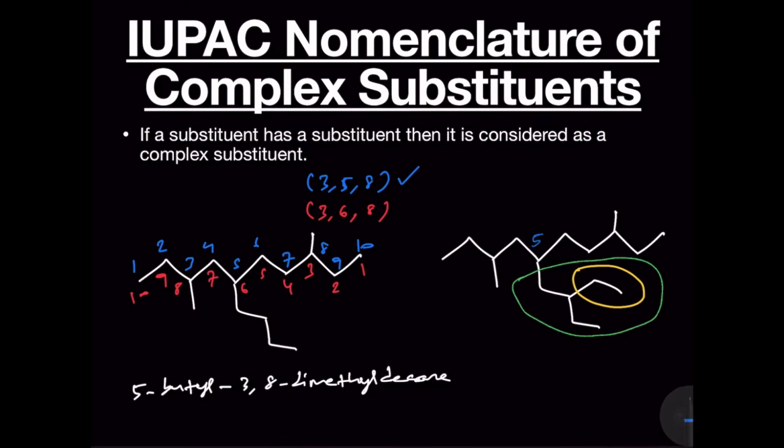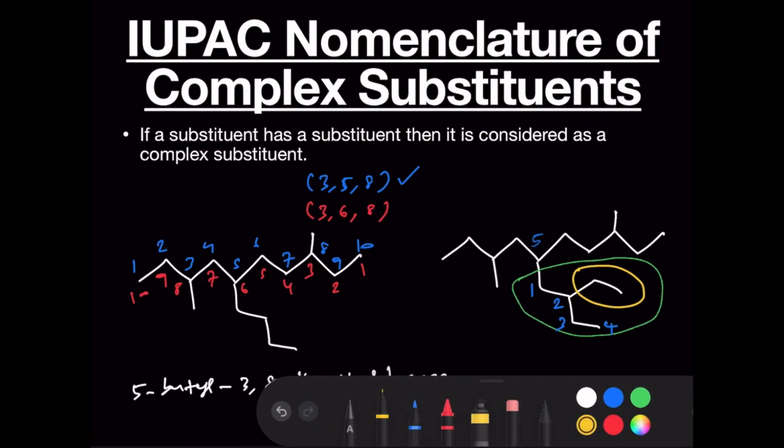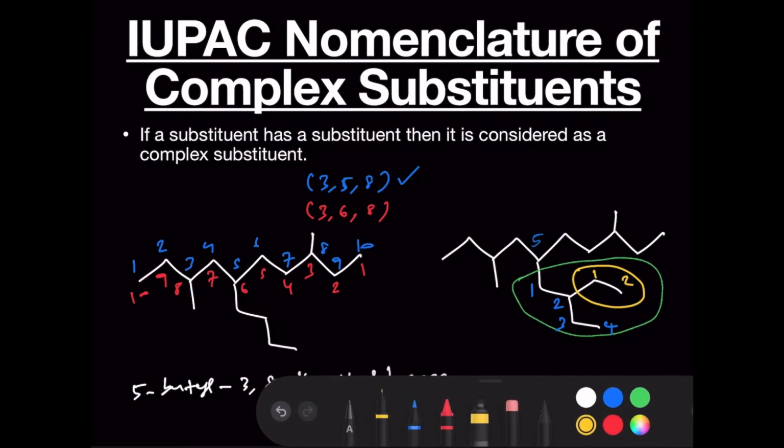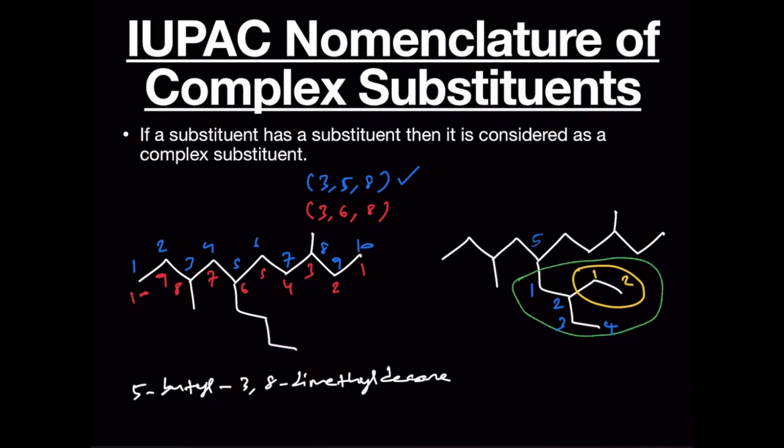We have a second parent chain 1, 2, 3, 4 that has an ethyl group. 1, 2. So, that one we are going to write the entire thing in parenthesis. This entire whatever is shown in green, we are going to write it in parenthesis. That is how the complex substituents work.